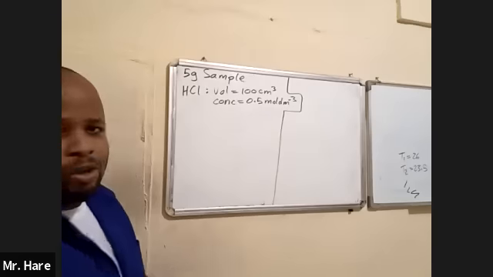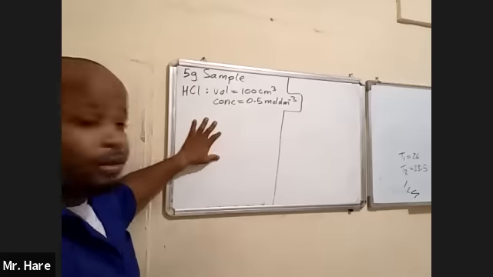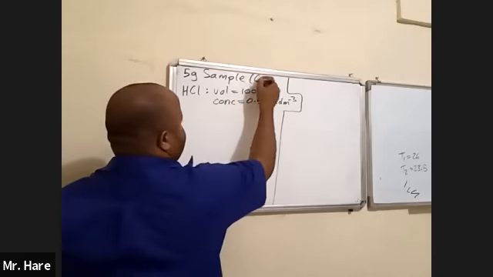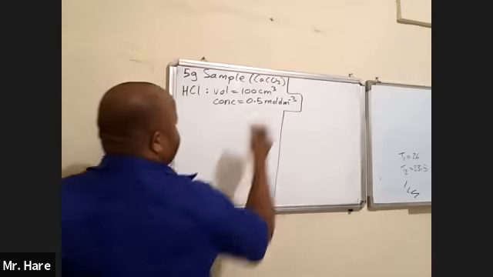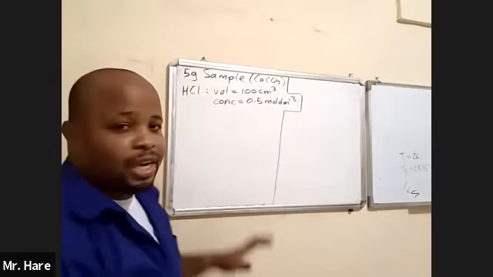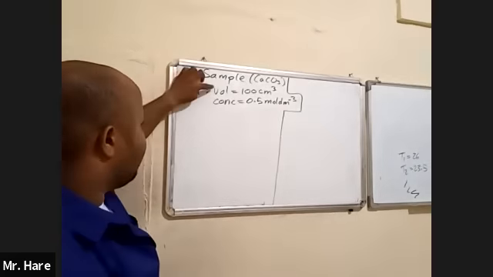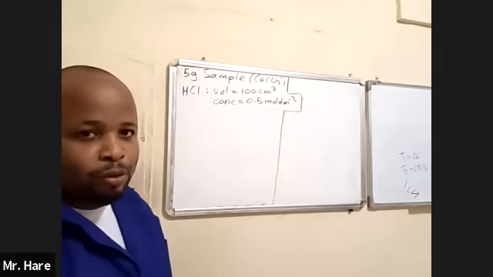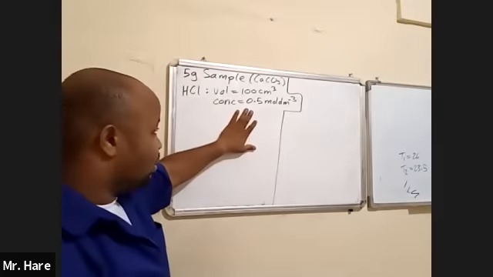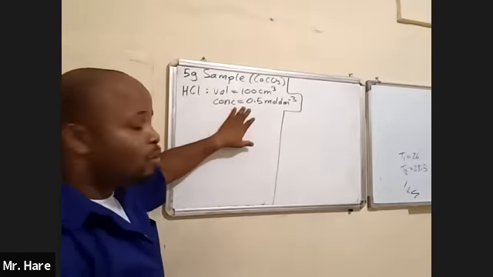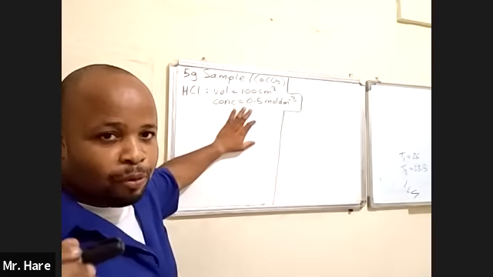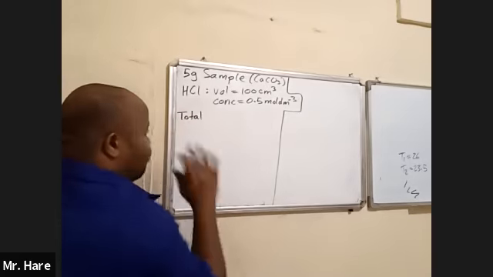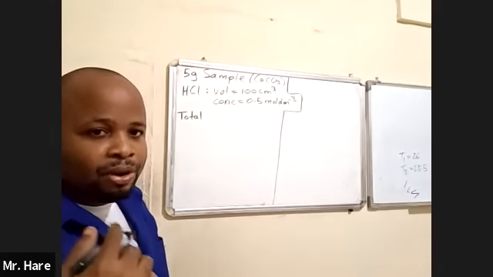All right, so let us look at the reaction first. This is the HCl and the sample, which contains calcium carbonate. Just like any other titration, whatever you're given the volume and concentration for, you calculate the moles. In the reaction, whatever moles you get is the total amount of moles of HCl, because remember, not all of it is going to react.